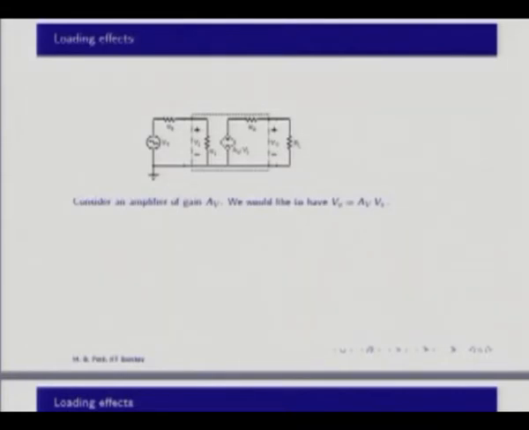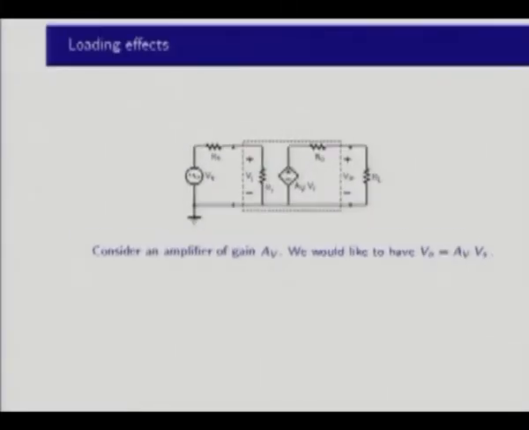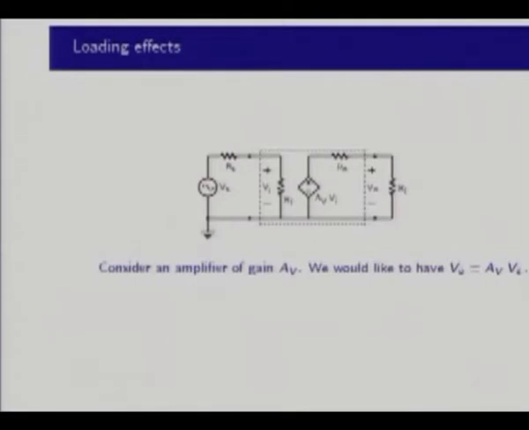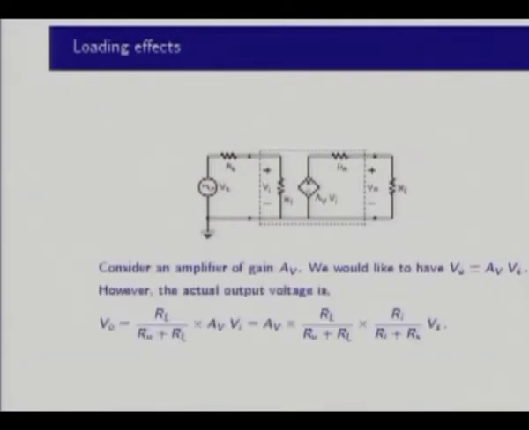Suppose you have an amplifier like this, right? So there is an amplifier with a source voltage Vs and a load resistance RL. Now this amplifier has gain AV, and you would expect the output voltage to be AV times Vs, right? And that is in the ideal case.